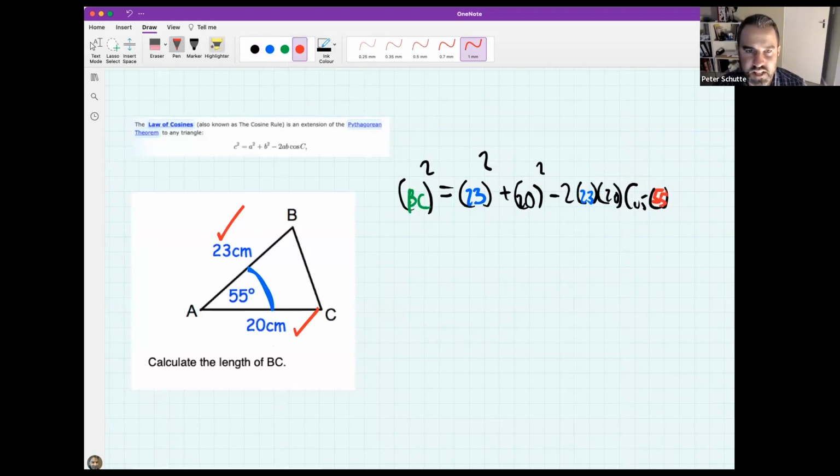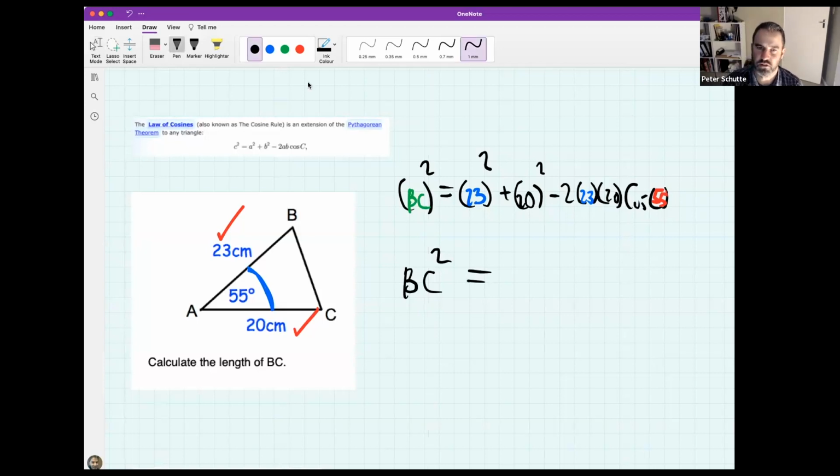I want you to take out your calculator and find me the value of BC squared using this cos rule thing that I've just suggested. And again, this first round is just getting used to the feel of how this rule works. It looks a little bit like Pythagoras.